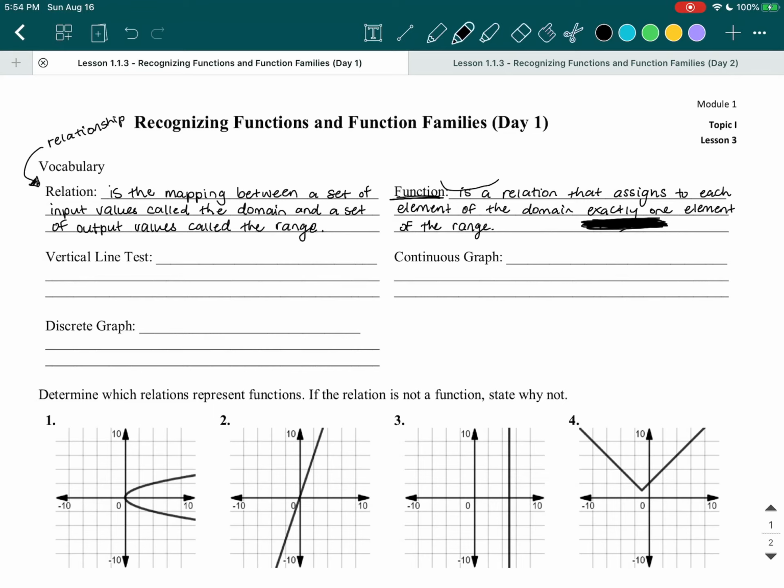Let's also move on to the vertical line test. So in math, you're not going to have a bunch of boyfriends and one Miss Jade. You're going to have x values and y values and a graph. So you're going to be able to use the vertical line test to see if a graph is a function. So let's write the definition.